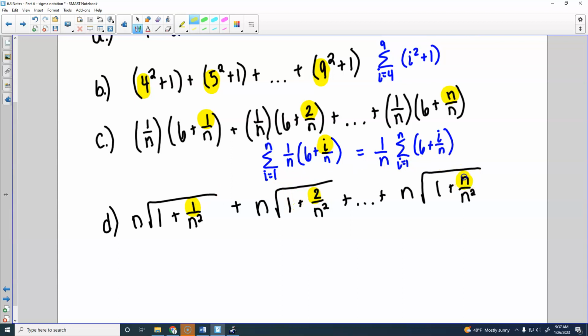The number over our n squared for that. So this one would be the sum. That value starts at 1 again. It goes to n. Oh, excuse me. Of n times the square root of 1 plus I over n squared. That's how we would write that with summation notation.